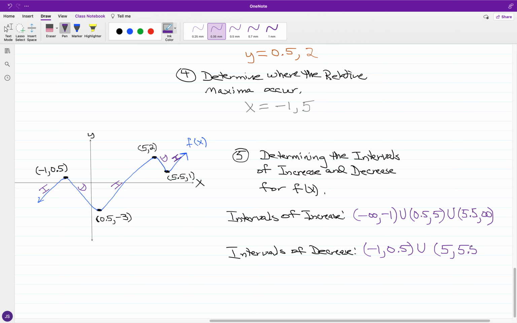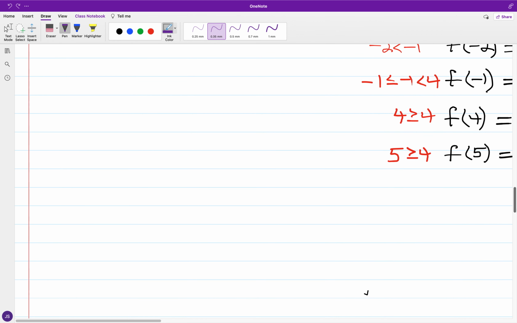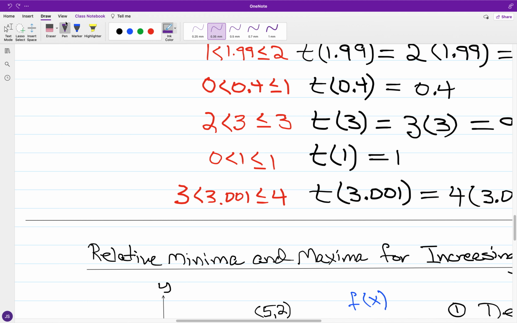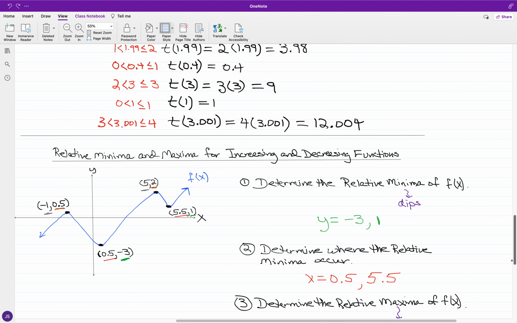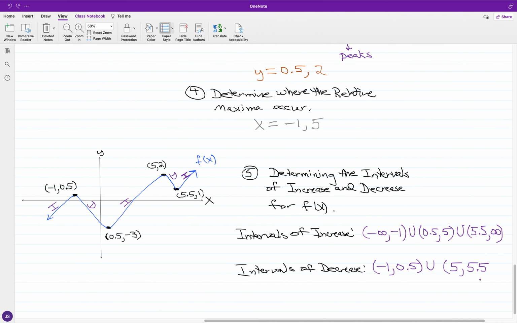Again, for intervals of increase and decrease, we're looking at exclusively the use of parentheses. So you got 5 intervals, sections: 3 on the side of increase and 2 on the side of decrease.